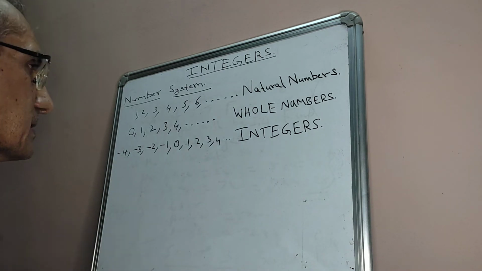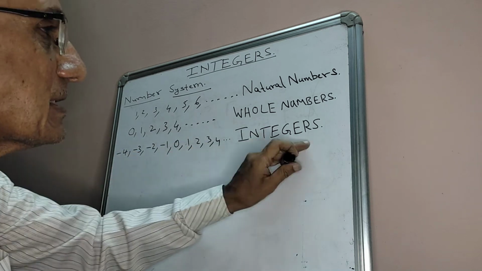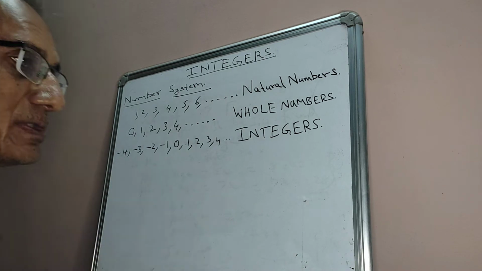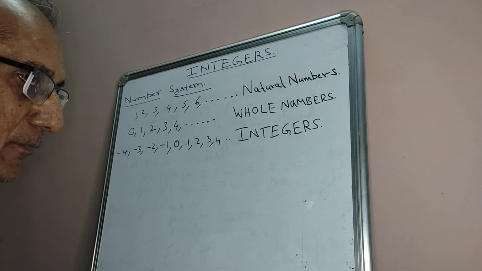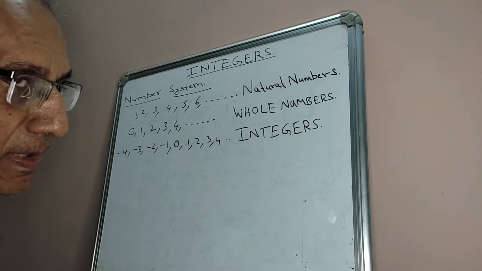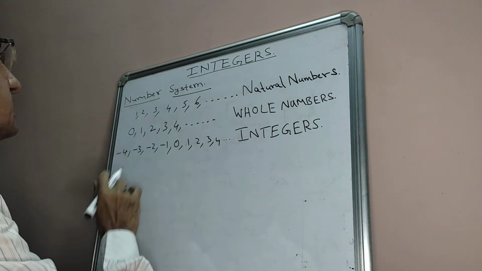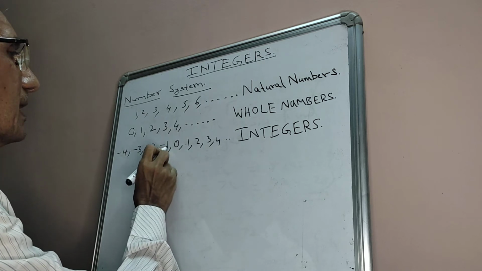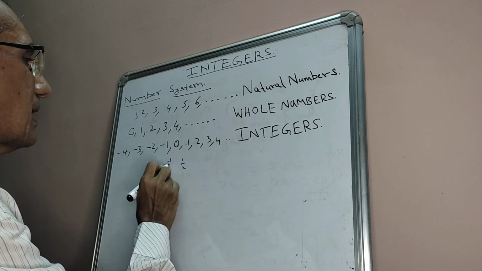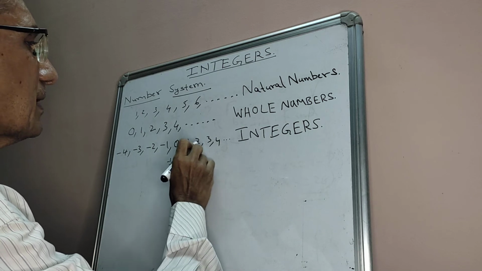Supposing I include the fractions in these, any number in the form p by q, where q is not equal to 0, is called a rational number. It includes all the fractions in between, like half, minus half, 2 and 3 in fractions.